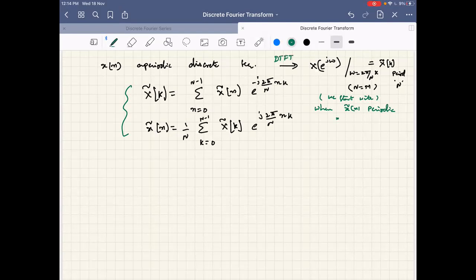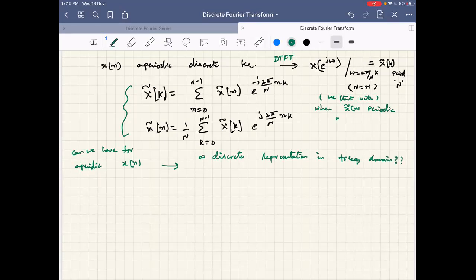The question is, can I have a discrete representation in frequency domain?